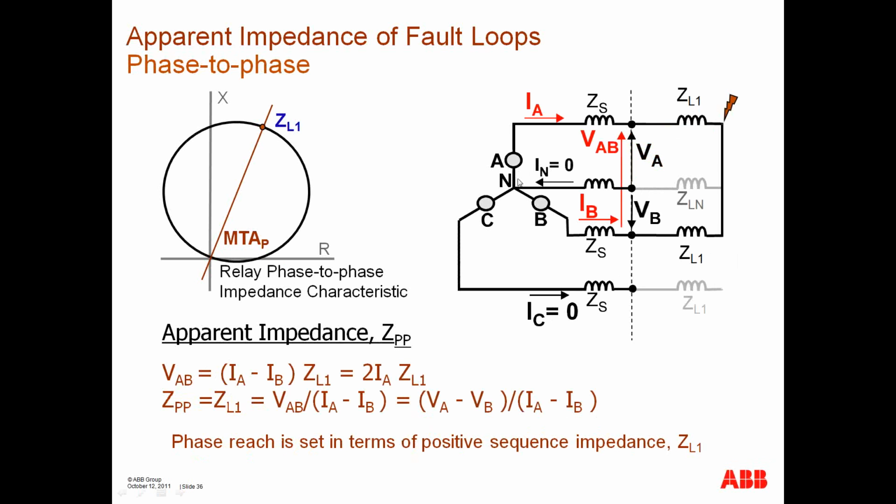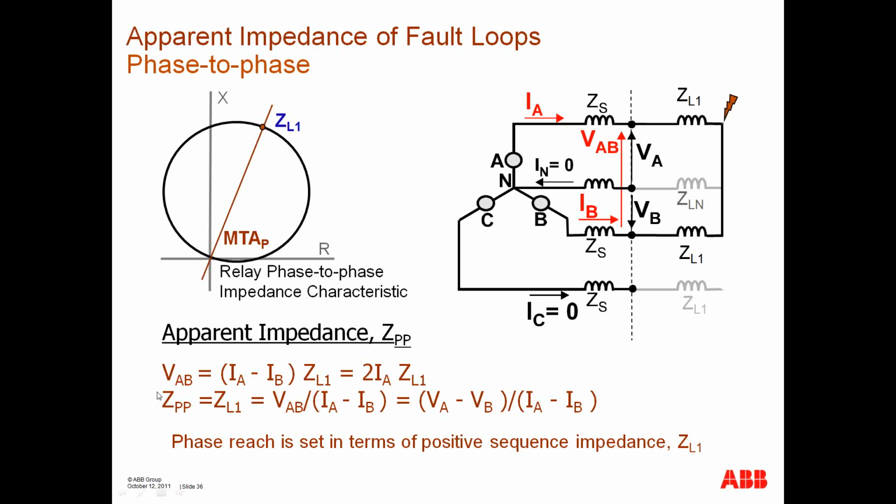For a phase-to-phase fault, I look at VAB. My fault loop is this direction right here. I have this impedance in twice right here. This is where I'm measuring. So VAB, and I have IA in this direction and a minus IB. But we know that IA is equal to minus IB.